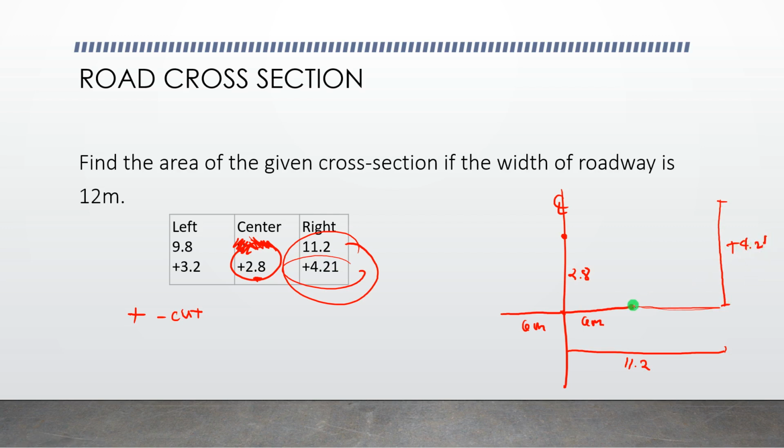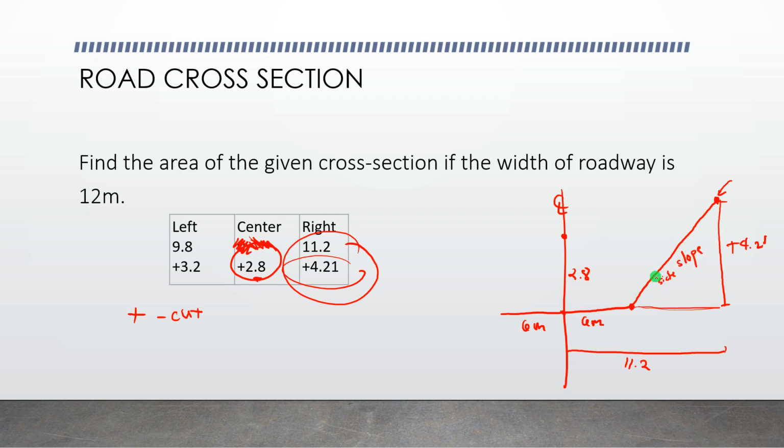If this is the edge of your roadway, it means that point right there is the side slope. From the edge going to the point where we locate this point right here, which is 11.2 and positive 4.21, the line that will be drawn between these 2 points is your side slope.